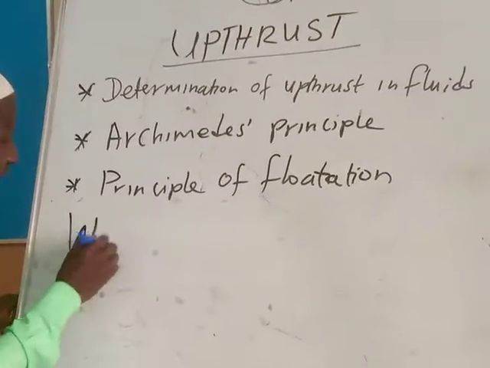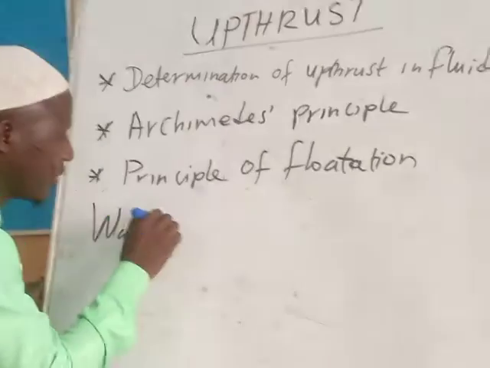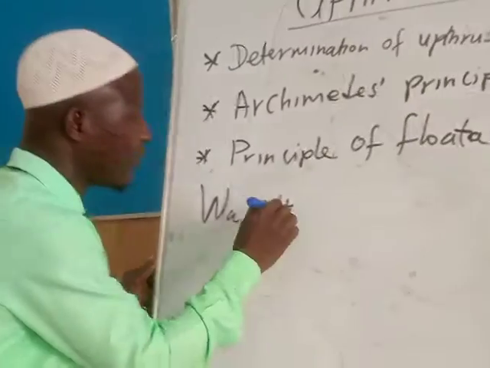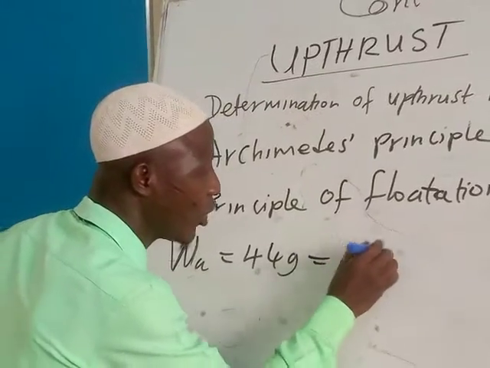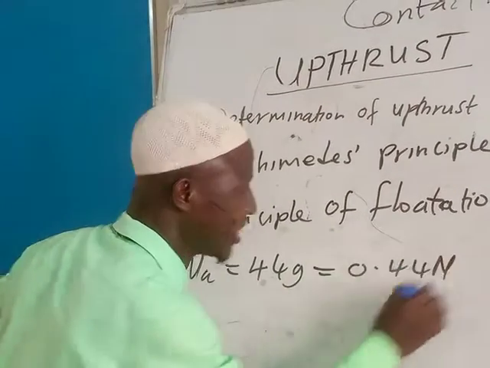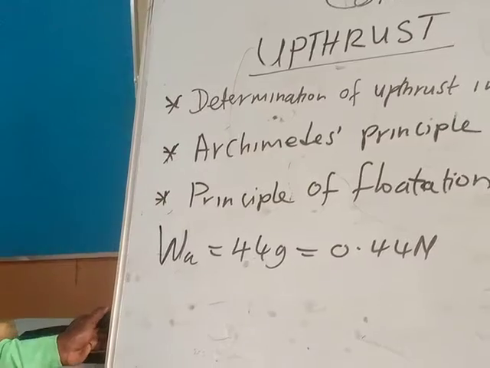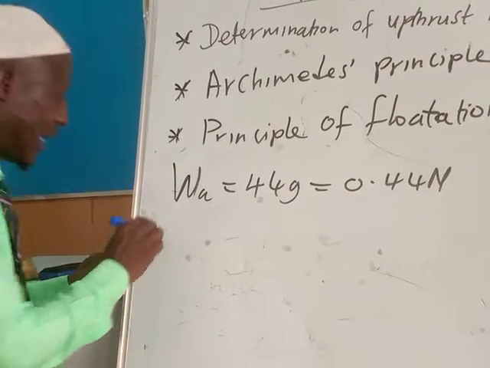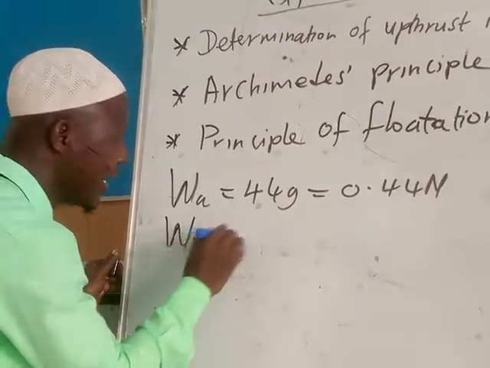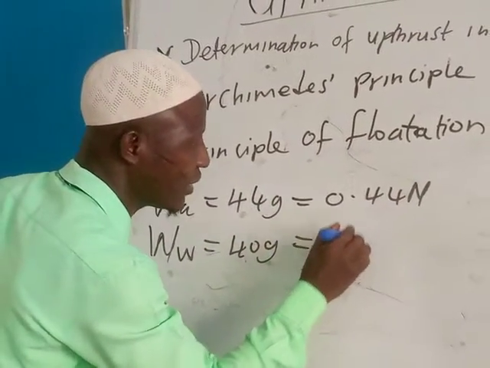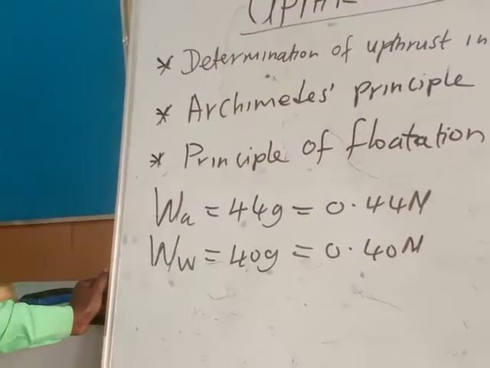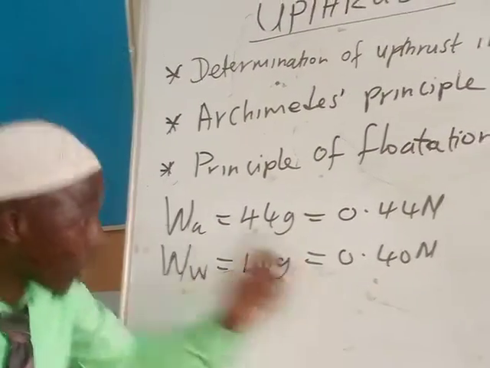And don't forget, the weight in air is 44 grams. I will convert it to Newton, which is 0.44 Newton. You divide this by 100. Then on getting to water, it has changed to 40 grams, which is 0.40 Newton.